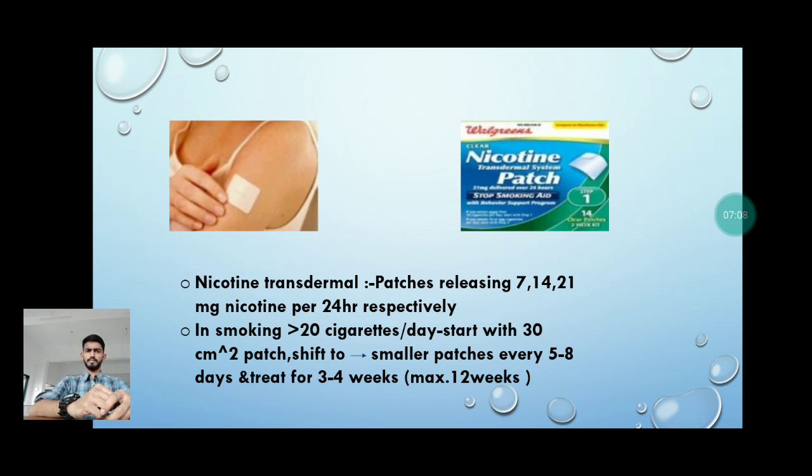So first we start with the 30 cm square nicotine patch, which releases the maximum dose, and from this we shift to the minimal doses. By this method we reduce the dose of nicotine and achieve our goal of smoking cessation.